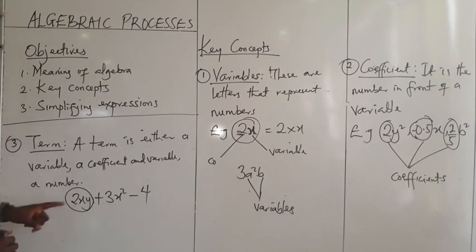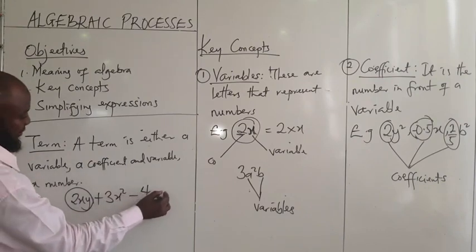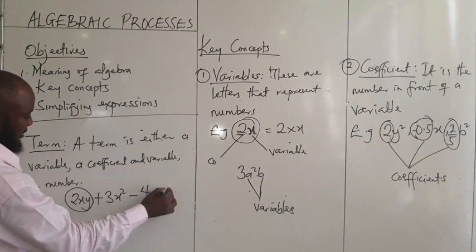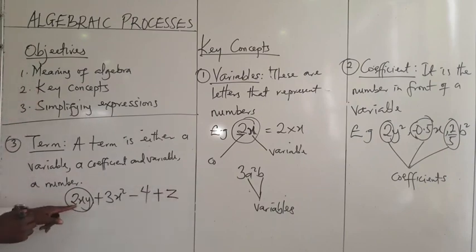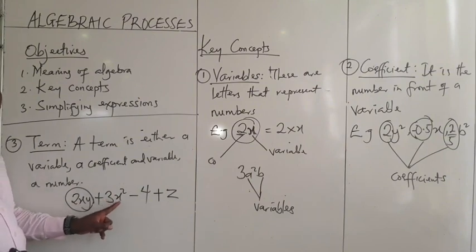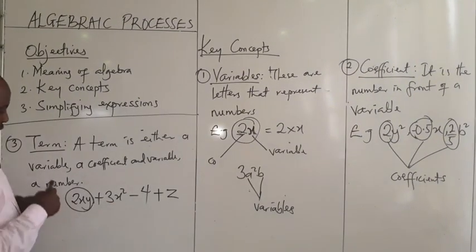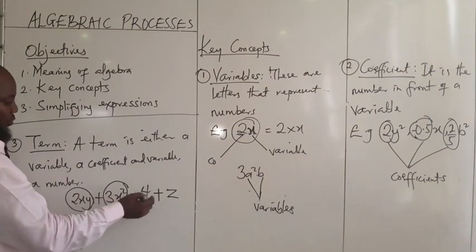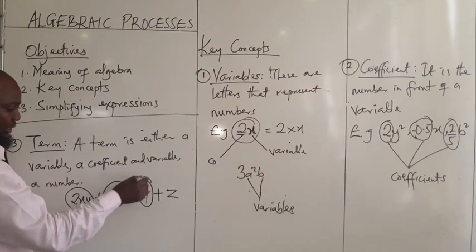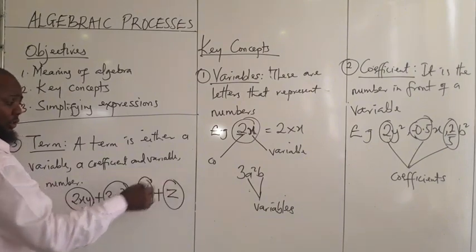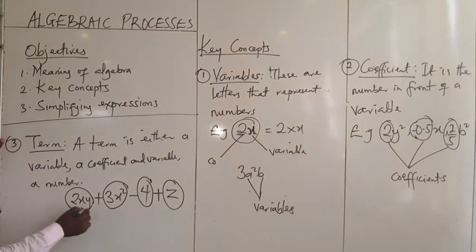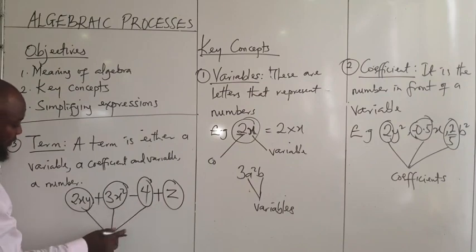You can see it is a combination of terms. 2xy is a combination of a coefficient and variables, so this is a term. 3x squared is a coefficient and what? Variable. This is also a term. While 4 here is standing alone, this is also a term. Z here, which is a variable, is also what? Standing alone, a term. So all 4 of them here are terms.